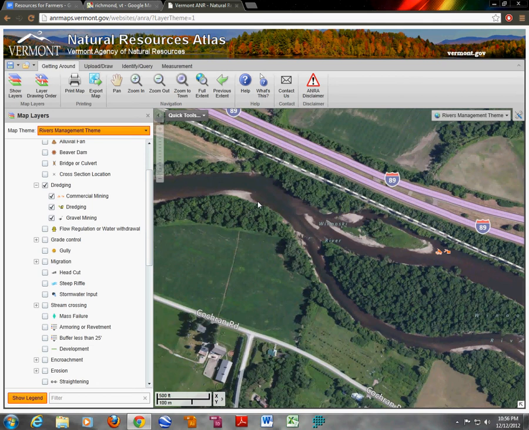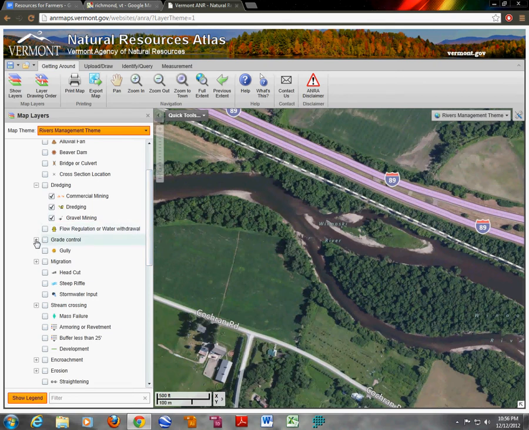And overflowing is what slows it down. So when it's deeper, it's going to be moving faster, and it's going to have more energy with it. And that's trouble when you think about flooding. So dredging is a good thing to look for along the river next to your property.